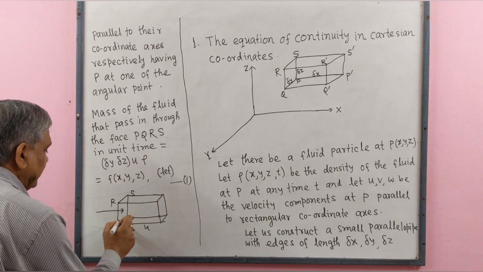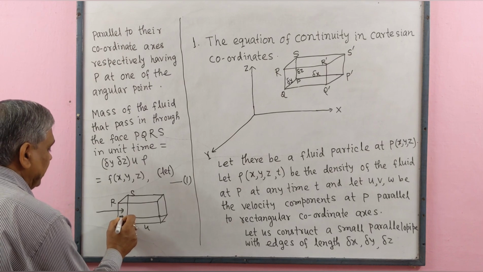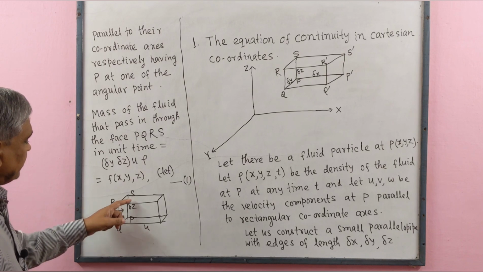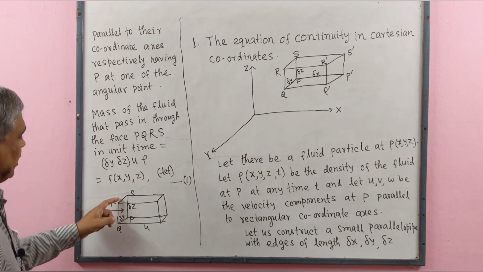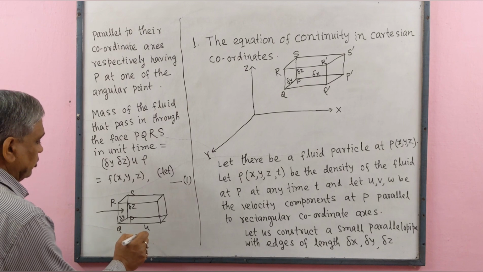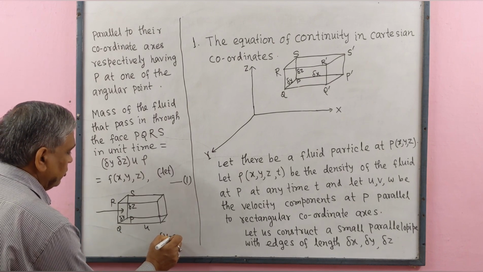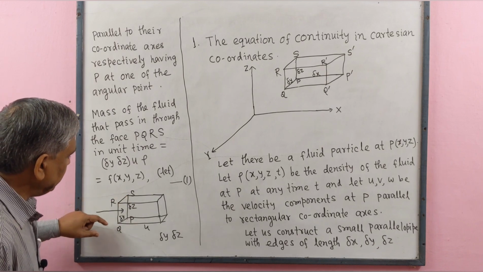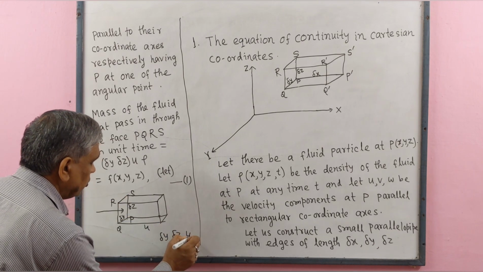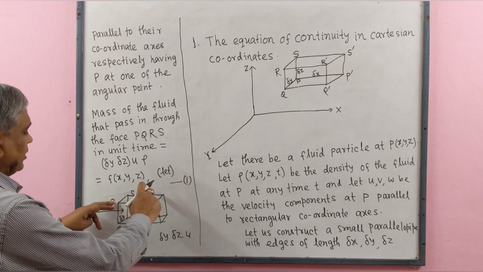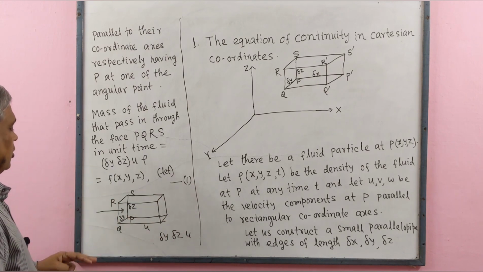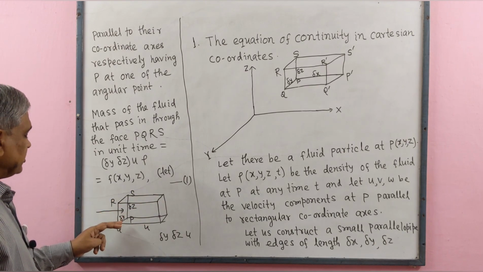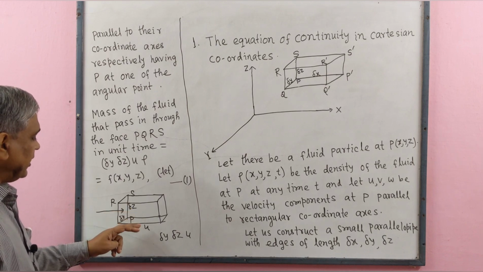Since the length of this side is delta y and the length of this side is delta z, the area of the face PQRS is delta y into delta z, and if we multiply with u, we get the volume of this parallelepiped with sides delta y, delta z and u.